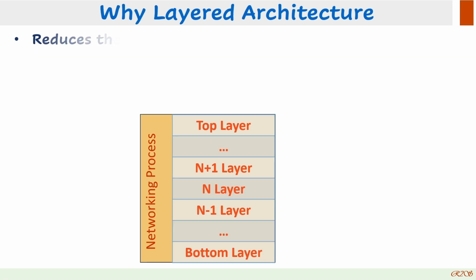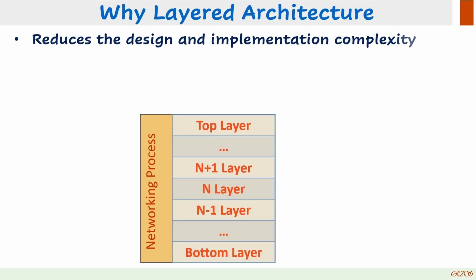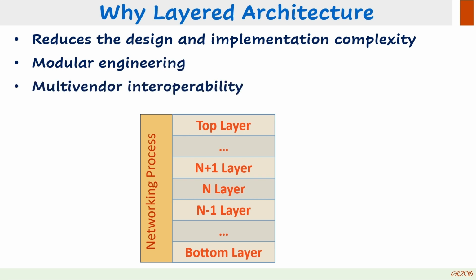So why do we need this layered architecture? Number one, we want to reduce the complexity, both the implementation complexity and the design complexity, so that we can implement our networking process more easily. We also call this modular engineering.